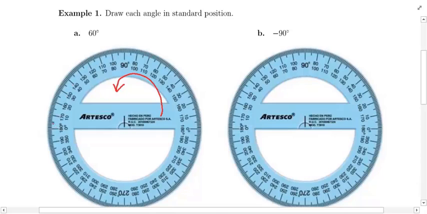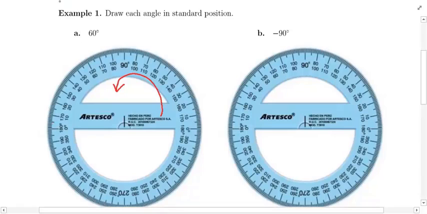One more time, on any protractor you use, if you're trying to figure out how to set up your angle, think in terms of a positive angle, which is counterclockwise. When you travel that way, you travel from 0 degrees on the right over to 180 degrees on the left.